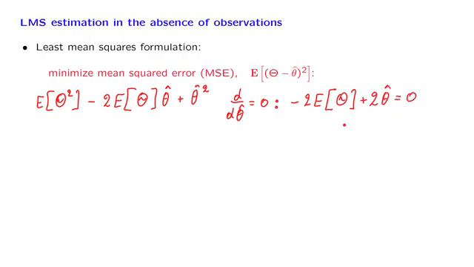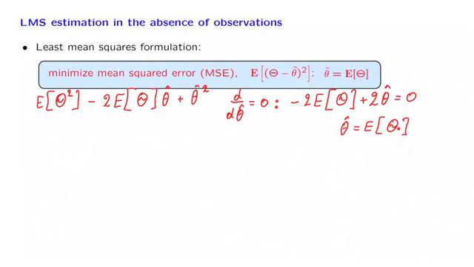And when we solve this, we find that theta hat, the optimal estimate, is equal to the expected value of theta. So this is the answer to our optimization problem. The optimal estimate, according to the least squares criterion, is the expected value of the random variable.